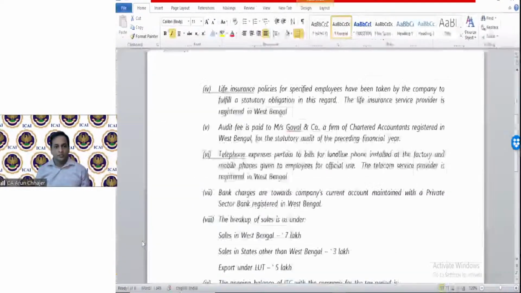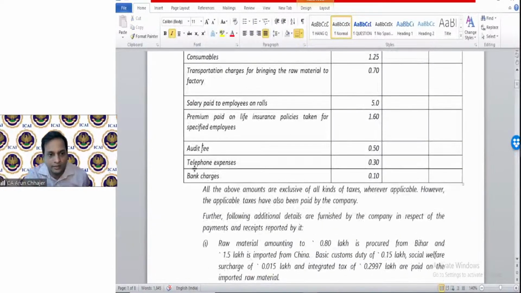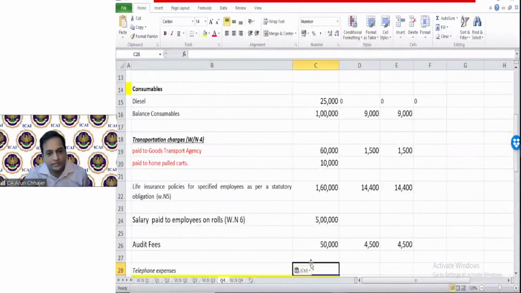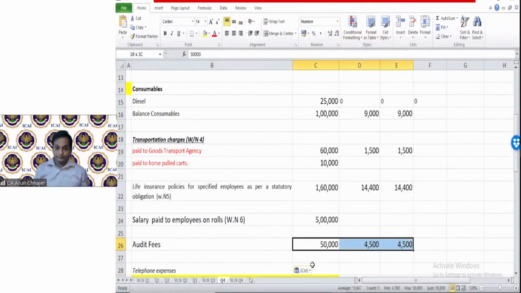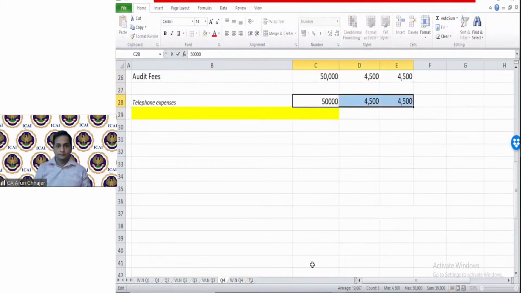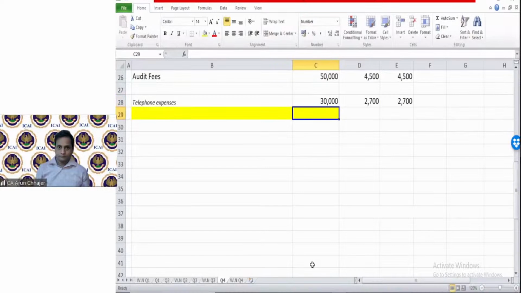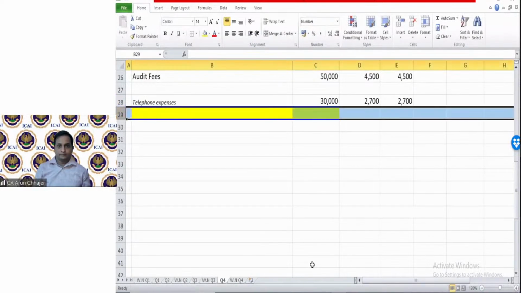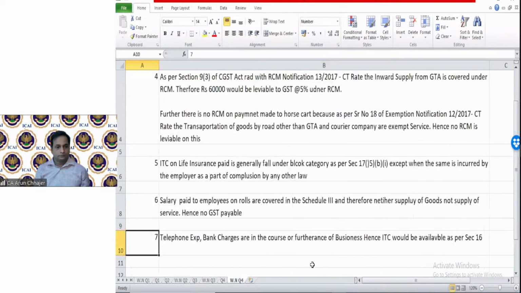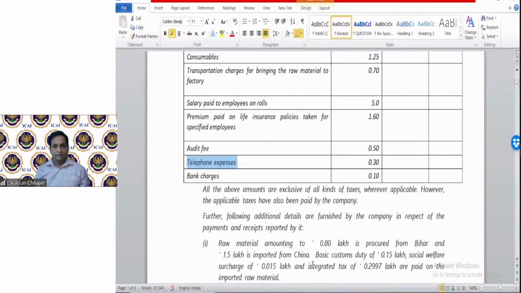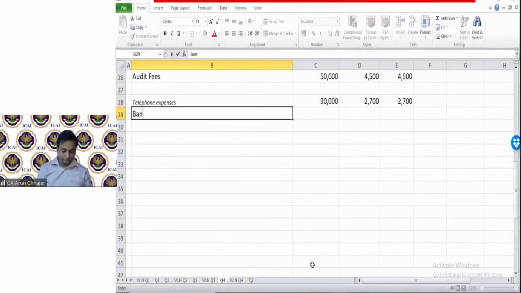Okay. So what is the amount? Telephone expenses is 30,000 and bank charges is 10,000.